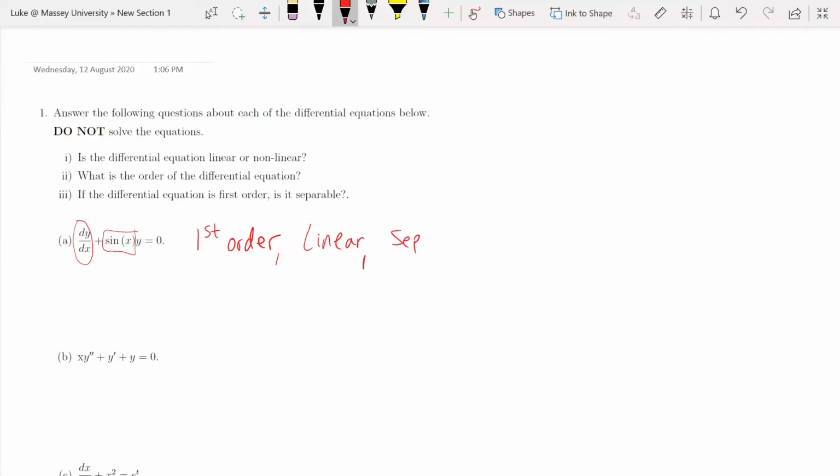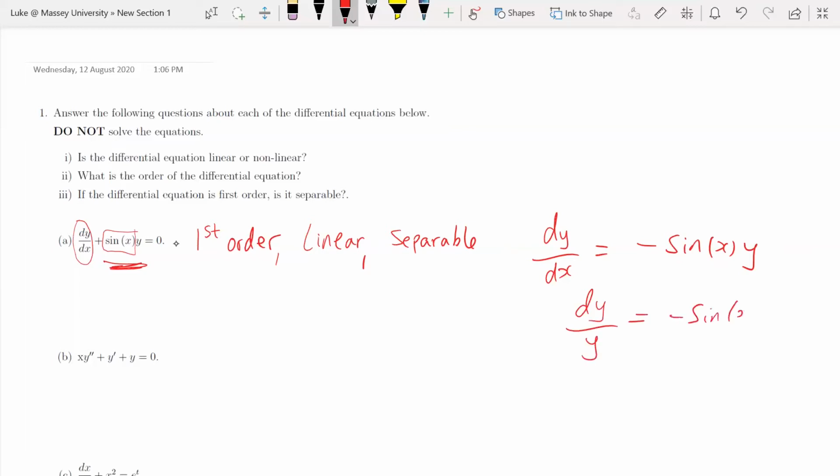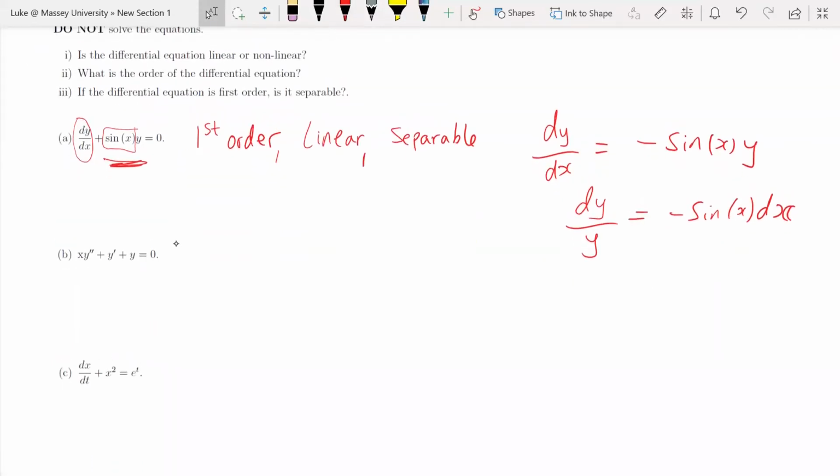Yes, it is. I can write this as dy by dx equals negative sine of x times y, just taking this term to the right hand side, and then finally I can write that as dy over y equals negative sine of x dx. So it is separable here. I have all the x terms on the right side and all the y terms on the left side.